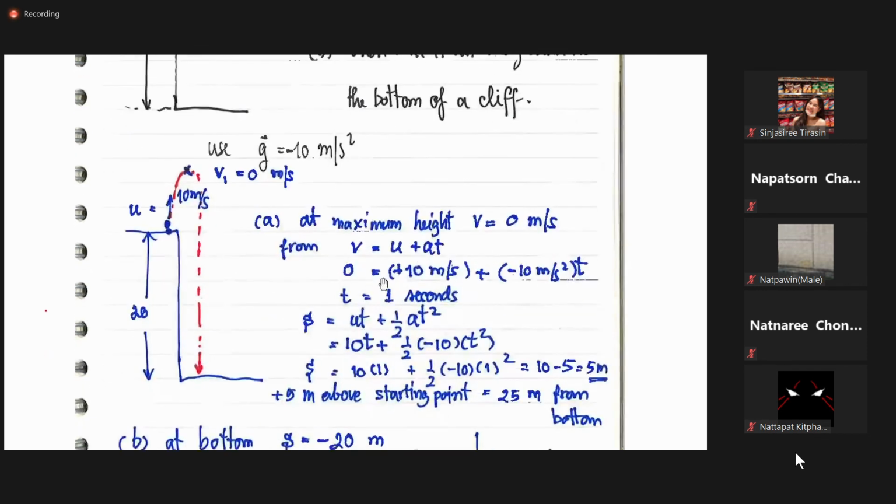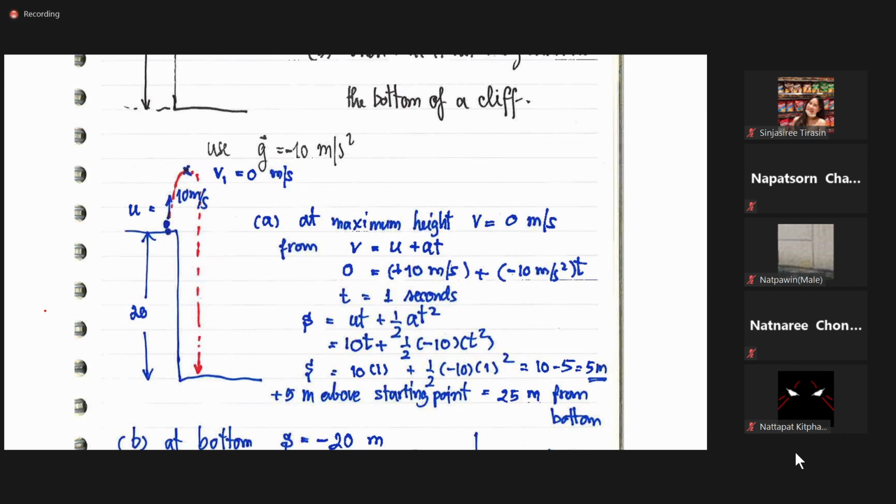We use a simple equation, v equals u plus at, where v is 0, u is plus 10 because it's going up, and a is minus 10 because gravity is always downward, times t. So we find that the rock stops momentarily 1 second after it was thrown up.